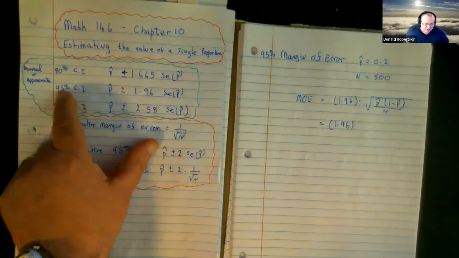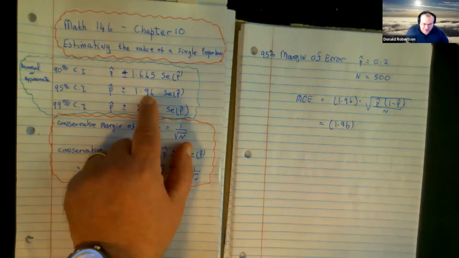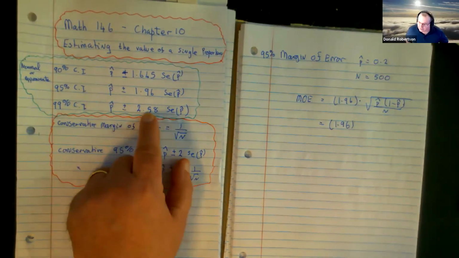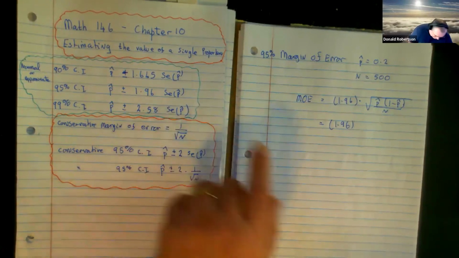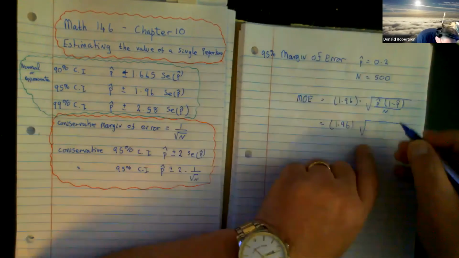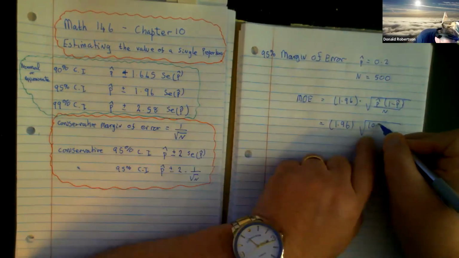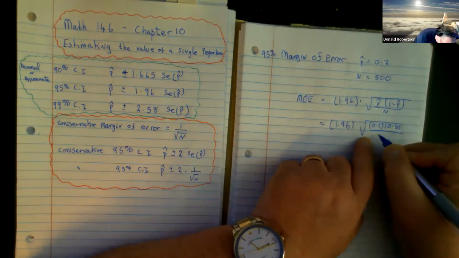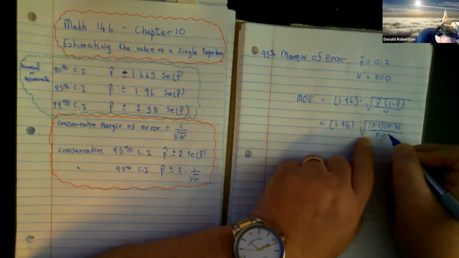If you're doing a 95%, that's fixed, right? If you're doing a 99%, you see how that number is fixed as well, right? And this thing over here kind of depends on these two guys, so that will change each question, but it's a 0.2, a 0.8, all over 500.